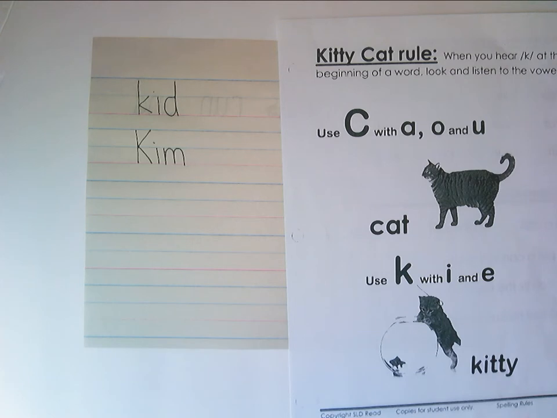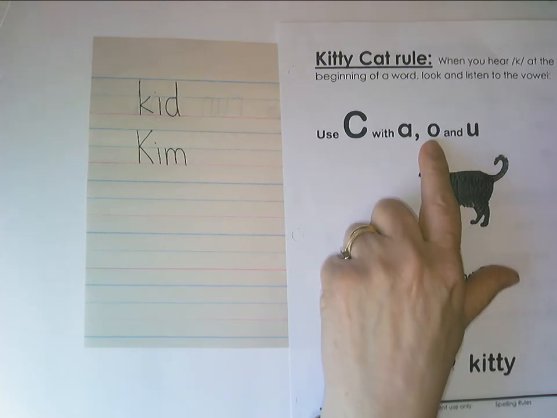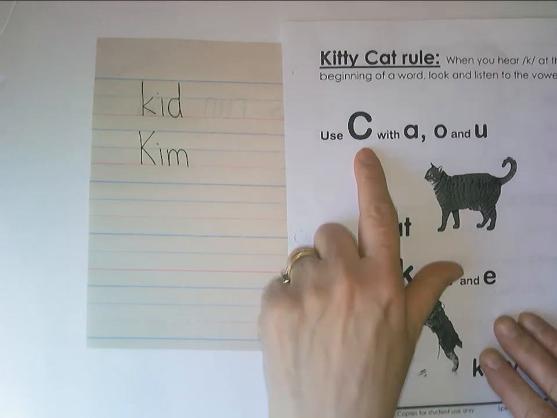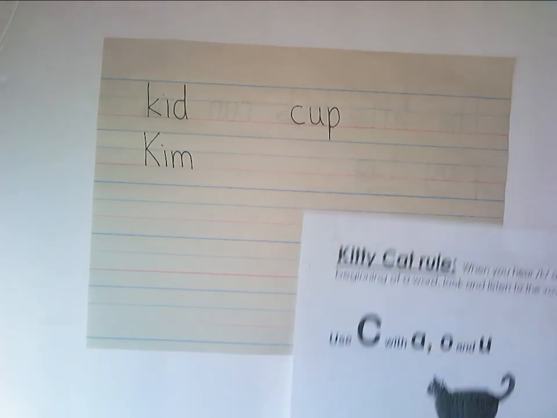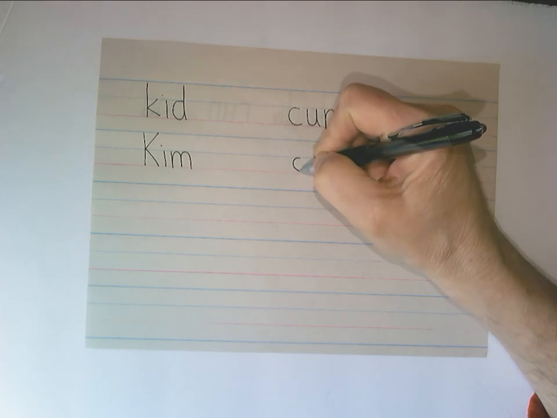Well, ask yourself, what vowel sound do you hear after the k sound? Listen, cop. Yes, it's an O. So if the vowel sound is an O, do we use a C for cop or a K? Look, there's the O, so we're going to use a C. And we're going to write cop like this. C-O-P.